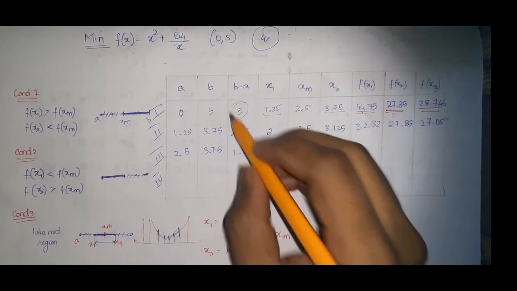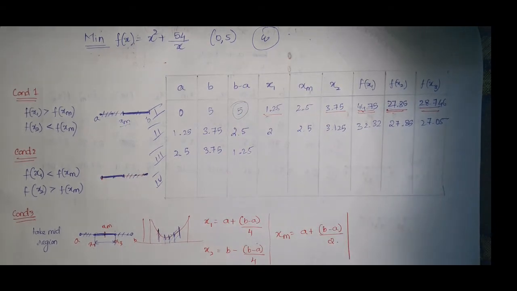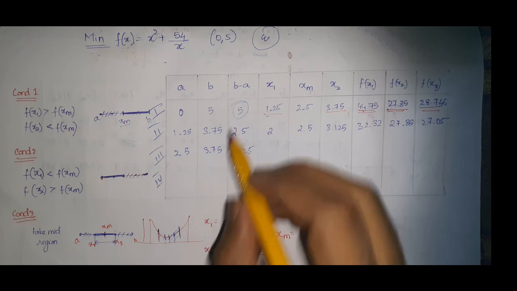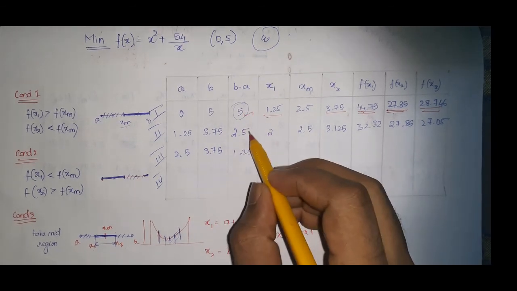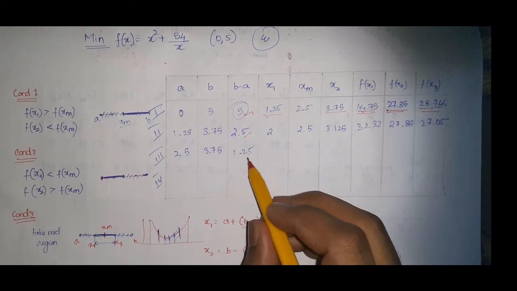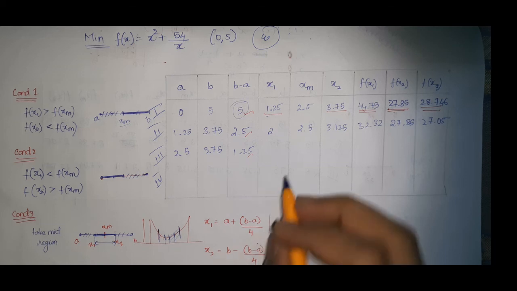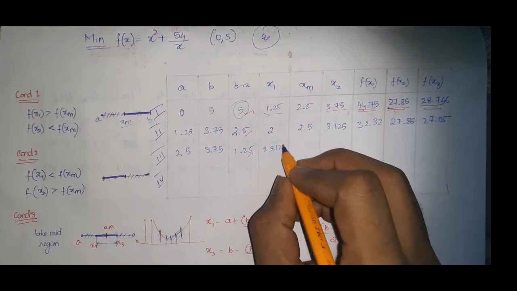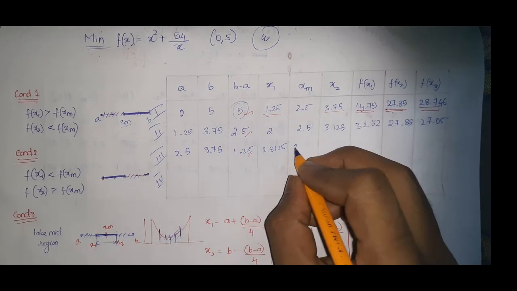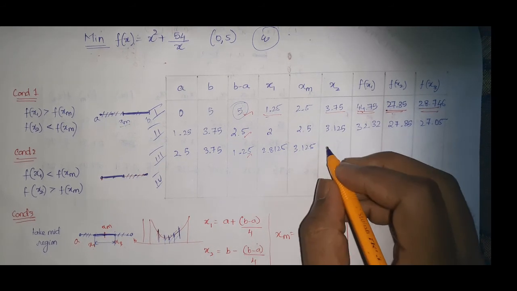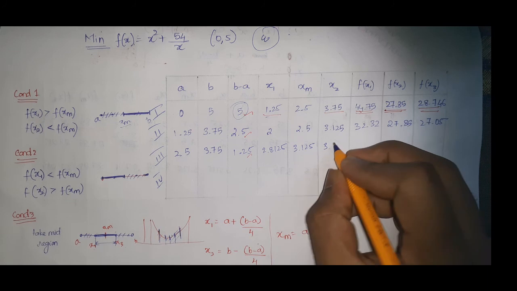Notice that the search space in each successive iteration is becoming half of the previous one. Initially it was 5, now it is 5 by 2, which is 2.5. Now it is 2.5 divided by 2, which is 1.25. So this is the aim, it reduces our search space. Coming back to the problem, using this formula x1 will be 2.8125, xm will be 3.125, the mid value, and x2 will be 3.475.